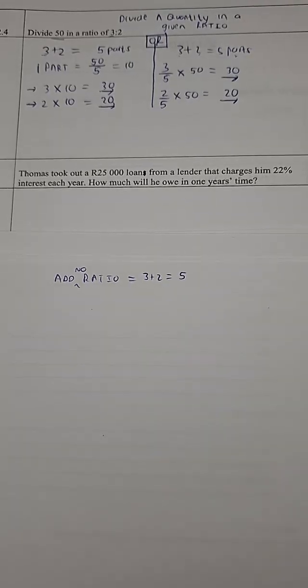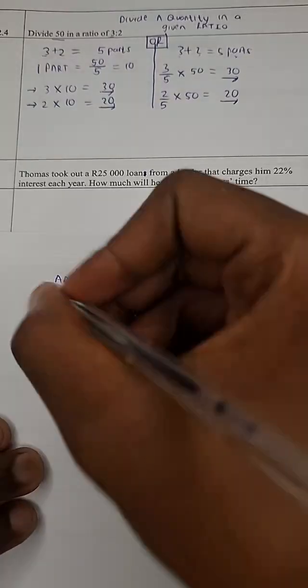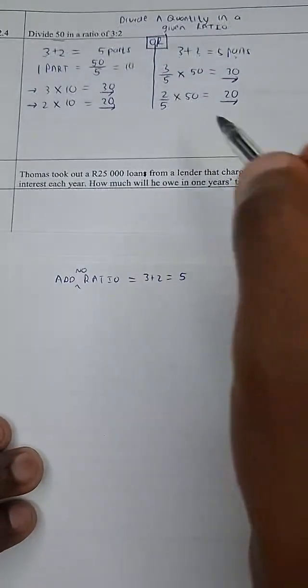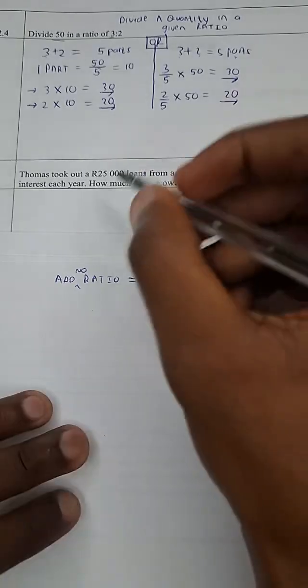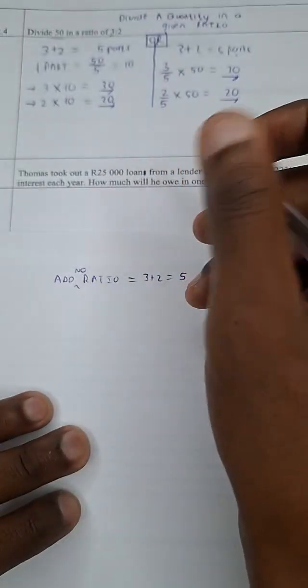I see Antle Hang says, find out how much is 22%. And Snalo is suggesting that we say 22 over 100, then we multiply by the amount of money he borrowed. That's beautiful. So what do we want? We want to check out what is the percentage. How much is 22%? So how do we find out how much is 22%?